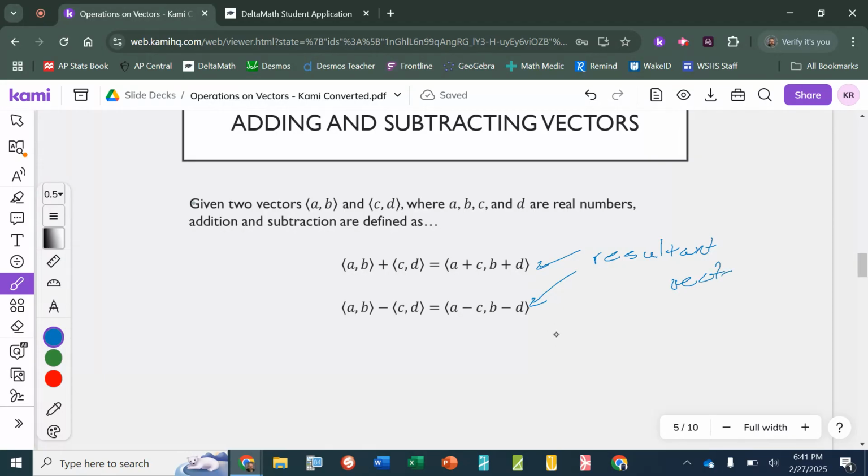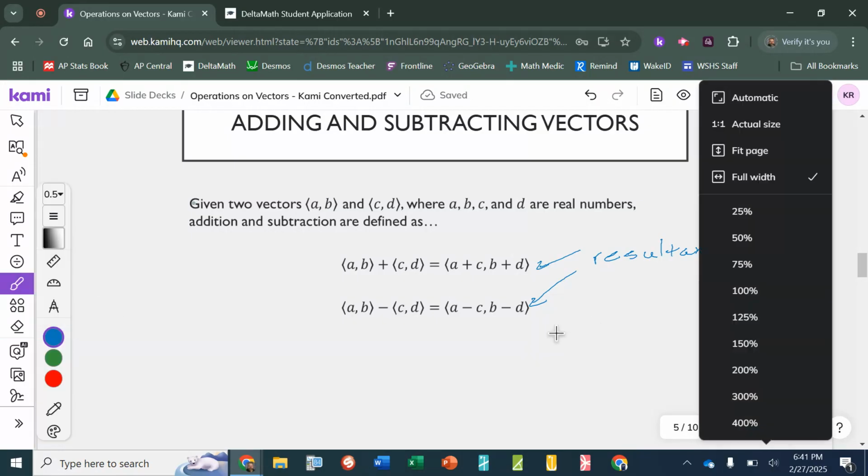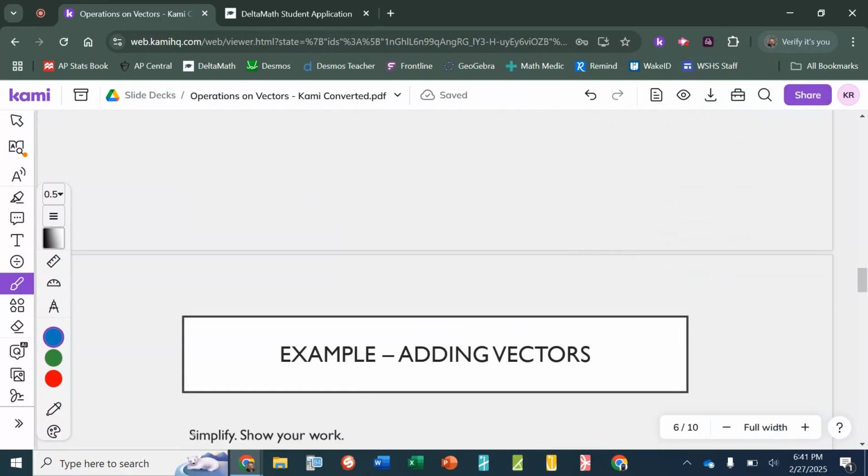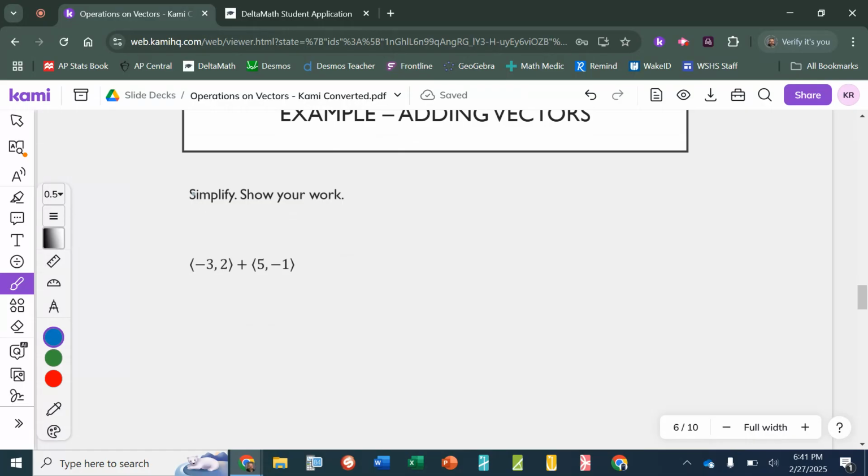for addition and subtraction. So let's take a look at your handout and take a look at the examples for addition and subtraction. Okay. So let's take a look at that first example. We have the vector -3, 2 plus the vector 5, -1.